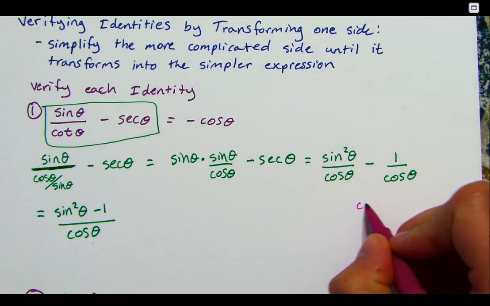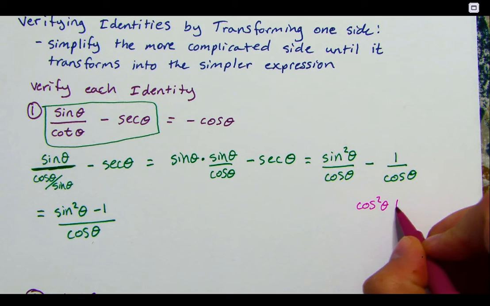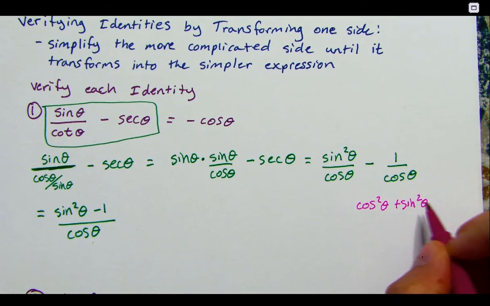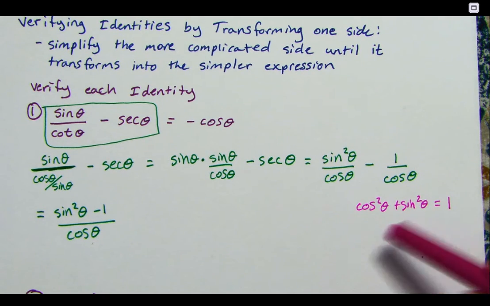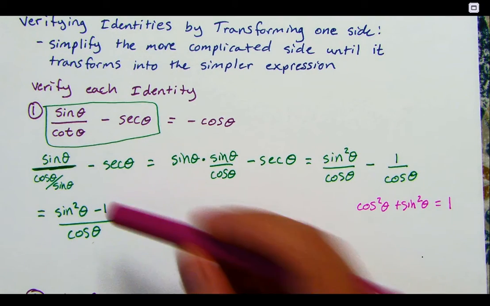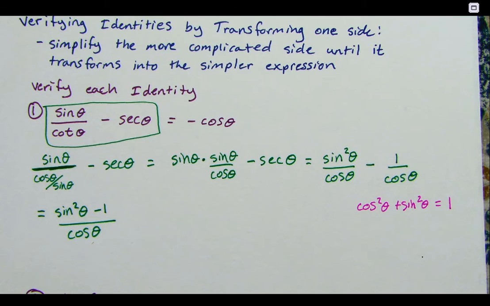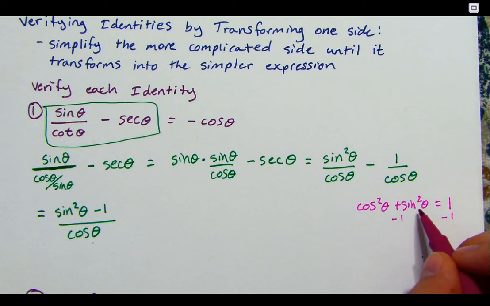So the original is that cosine squared theta plus sine squared theta equals 1. And I want to make this look like my numerator. So to do that, it looks like I need to subtract the 1 over. And I want this to stay with that 1.